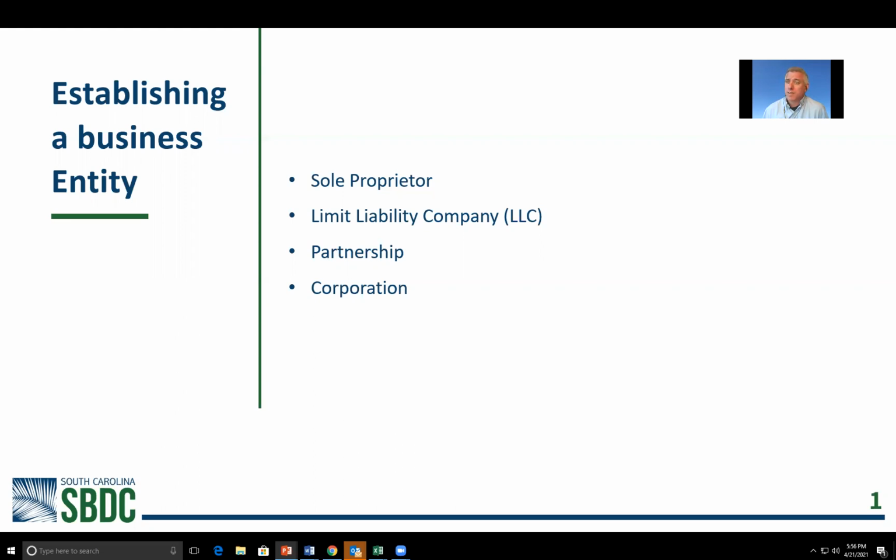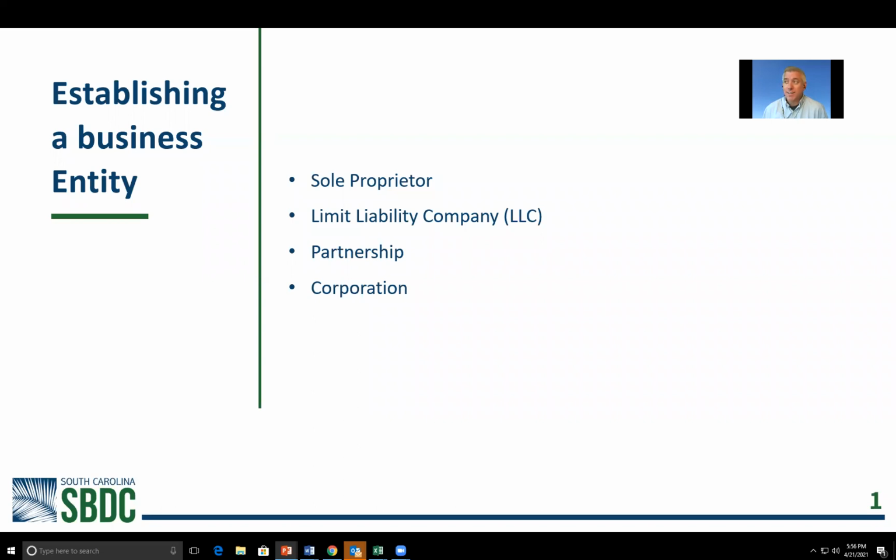Normally, I would recommend an LLC, a limited liability company. You can actually deed your property into the LLC. Some property owners who have multiple properties will deed each individual property into a separate LLC.